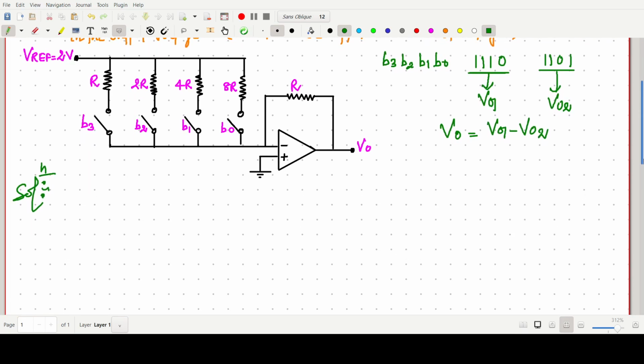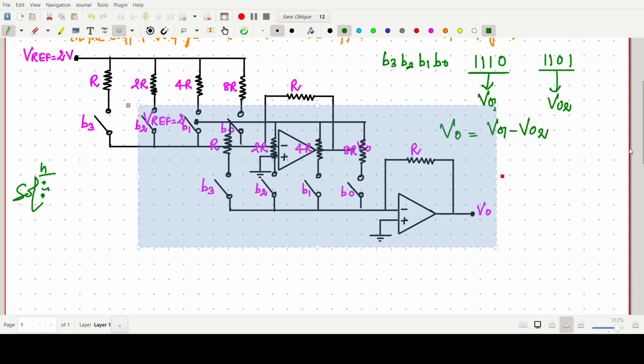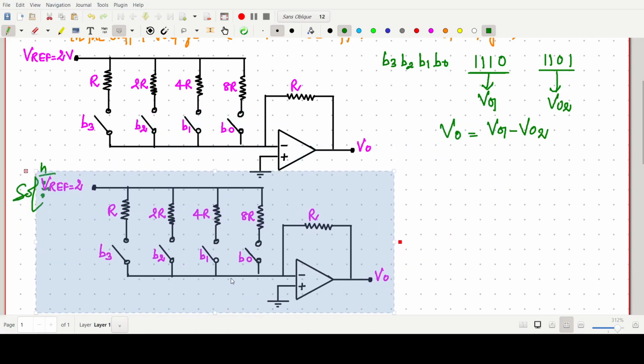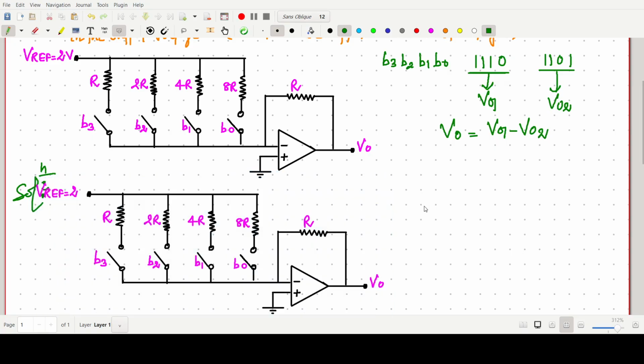If I redo the same circuit here, and for the time being connect all of B3, B2, B1 and B0, then B3 is 1, B2 is 1, B1 is 1 and B0 is 1.